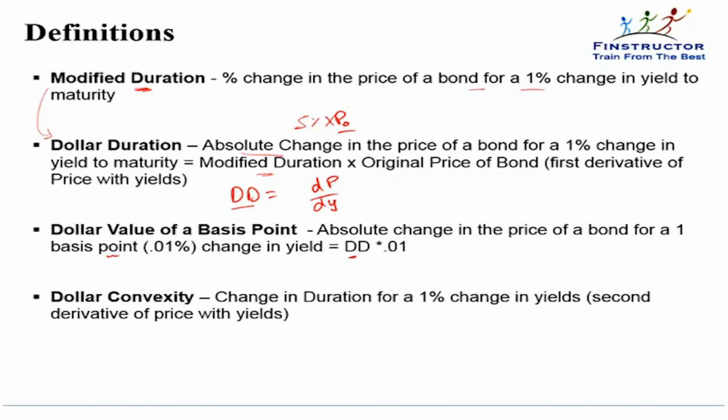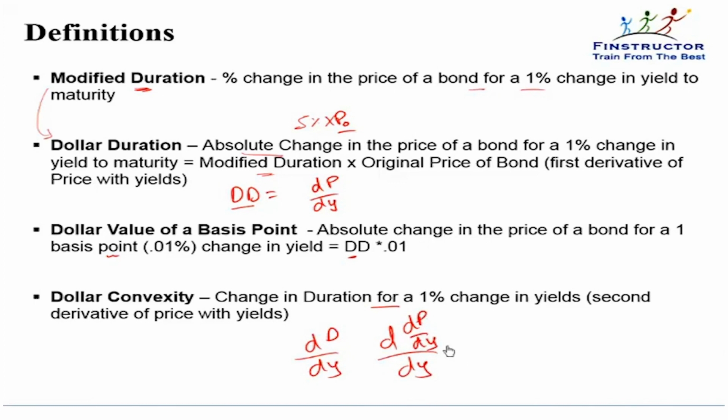Dollar convexity is what we defined earlier. It is the change in duration for a 1% change in yields. This is the second derivative of the price with yields. So it is the change in duration for a slight change in yield. And duration itself was nothing but the change in price for a 1% change in yields.